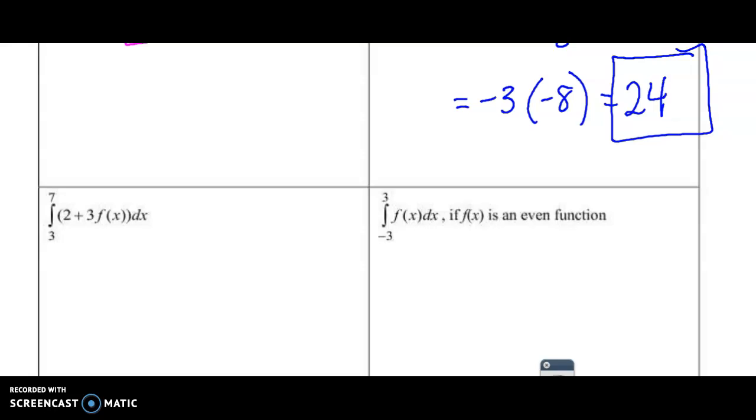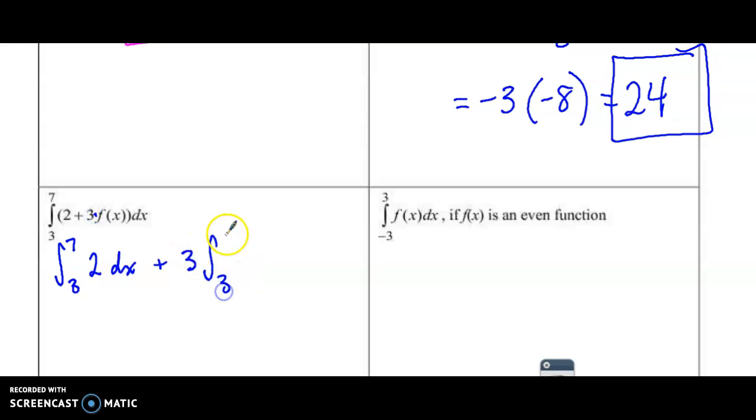This next one's a little tricky, okay? And I'm going to try to explain this as best as I can. So we have the integral from 3 to 7 of the function 2 dx plus, I'm going to do two things here. I guess I'm technically doing three things now. I'm going to move this 3 in front.